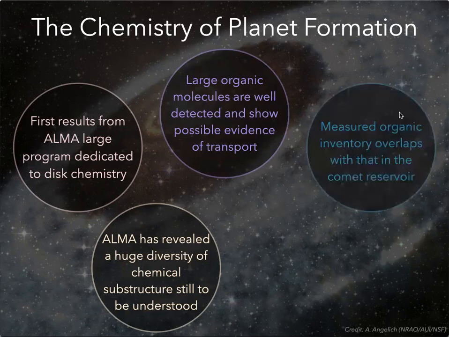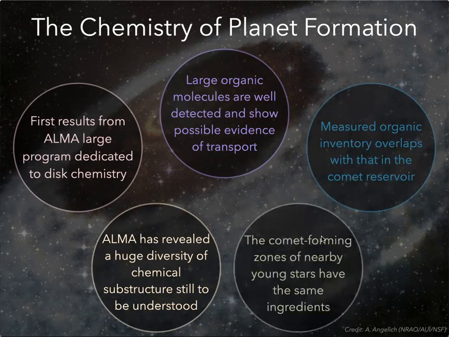The organic inventory that we measure overlaps with that in the comet reservoir. And finally, we can say broadly that so far, with everything that we've probed, the comet forming zones of nearby young stars have the same ingredients as revealed in the cometary record in our solar system.